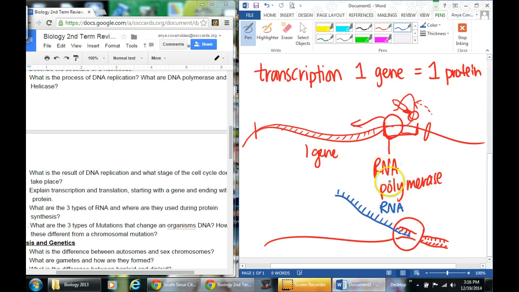So RNA polymerase makes RNA. Okay, and then instead of leaving it open, the RNA polymerase actually closes the DNA back up and returns it to its normal state. So what we have is just this long piece of RNA that is produced, and when the RNA polymerase gets to the end of the gene, it'll stop, and this piece of RNA will then leave.